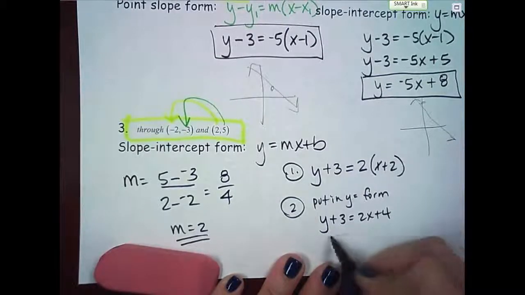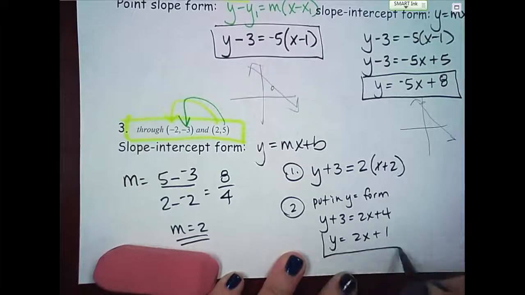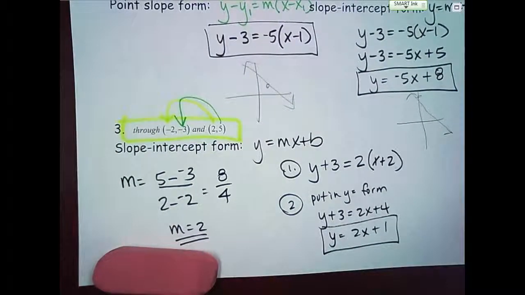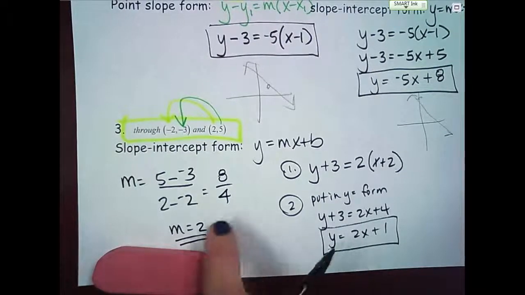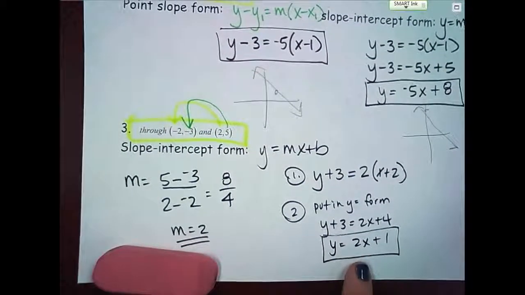So I distributed the 2. I'm going to move the 3 over by subtracting. And there it is. So to get to this form, we put it in point slope and moved it over. That's fine. There's nothing wrong with that.